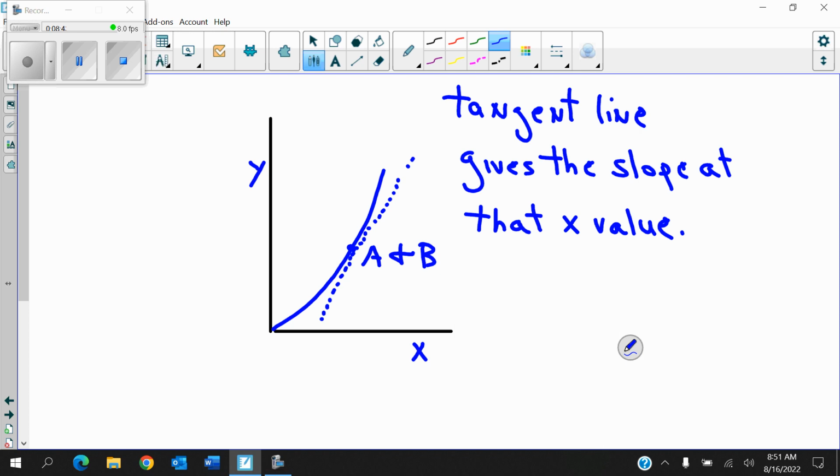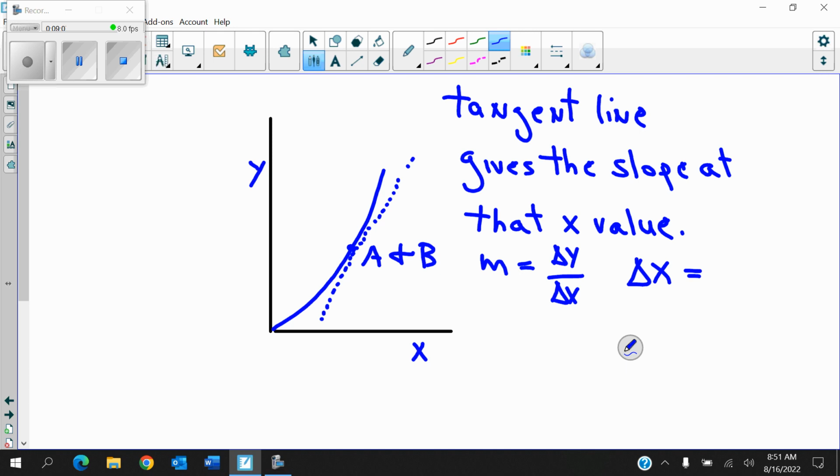Now, once again, the slope is the change in Y over the change in X. Unfortunately for us, the change in X is what? From A to B, what's the change in X? Points are the same.